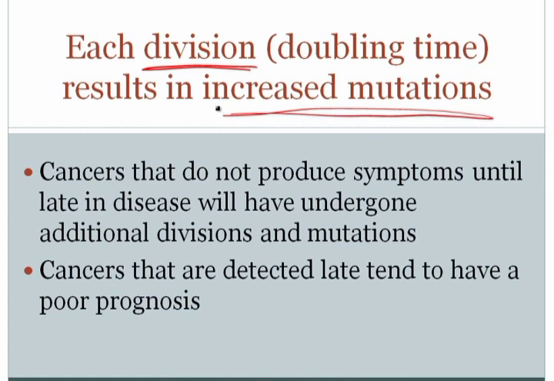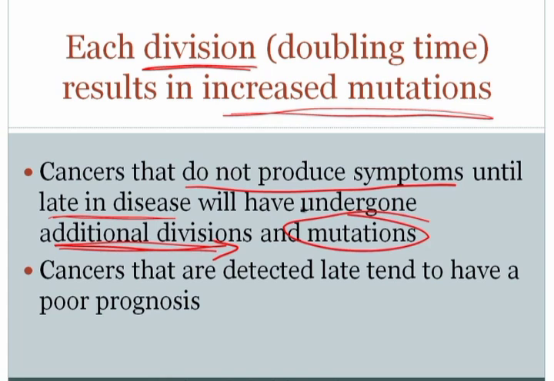One important principle is that if you have a cancer that doesn't produce symptoms until very late in the disease, it will have undergone additional divisions, which will then lead to additional mutations. Whereas the average tumor, or the tumor that reveals the earliest clinical symptoms, will have divided 30 times and will then be detected, there are some tumors that really get detected very late. For example, ovarian carcinoma.